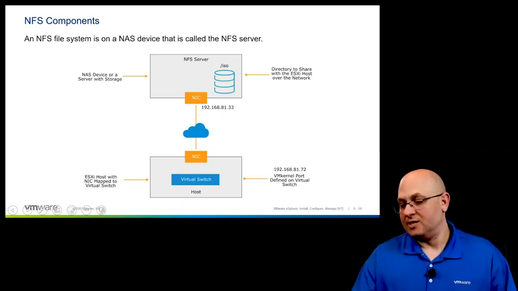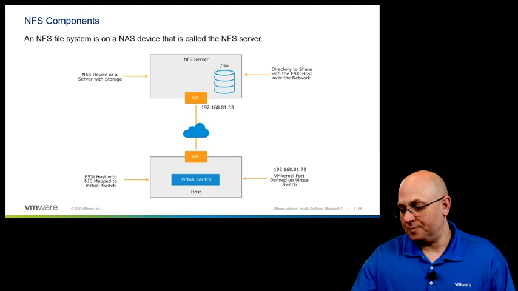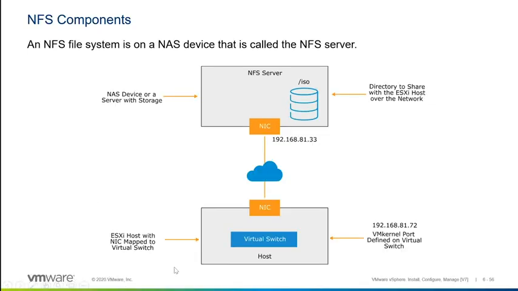data store. So on my ESXi host, right here, we have a virtual switch. That virtual switch has a VM kernel port on the same network that my NFS server is on. Once again, it's going to grab the first network that it sees, that it has the ability to see that NFS server on.